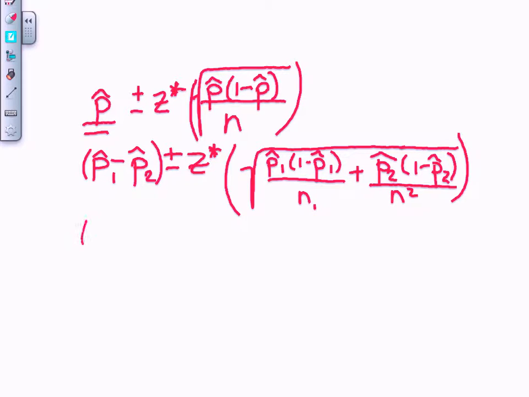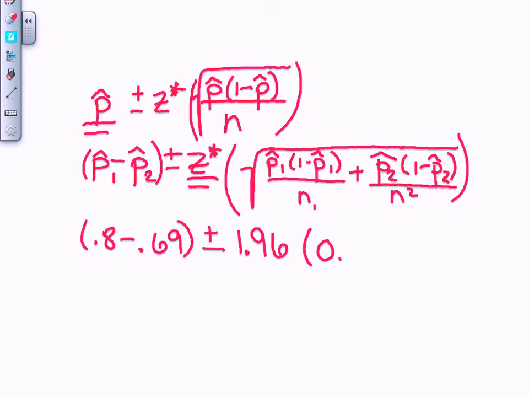Okay, so the teens was 0.8, your adults was 0.69, plus or minus a z critical value for a 95% confidence interval, which is 1.96. Just plugging in and calculating there, we got 0.017. That was our answer in part 1, our standard error.